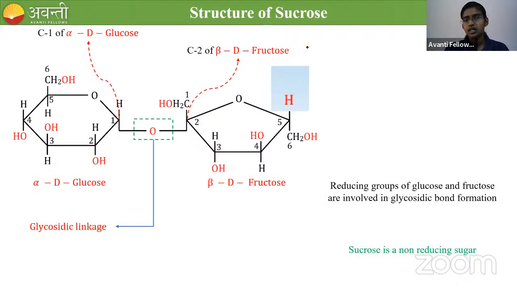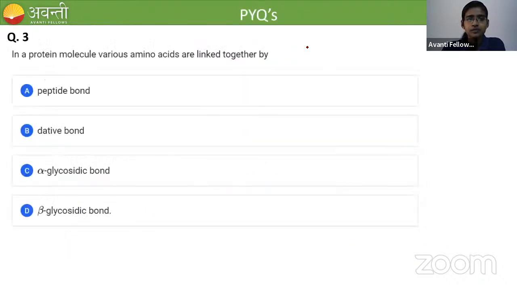Since the aldehyde group and ketonic group are involved in the glycosidic bond formation, the aldehyde and ketone group cannot be reduced to alcohol or some other substance. So it is non-reducing in nature. The only non-reducing sugar in disaccharides is sucrose. And coming to the third question.